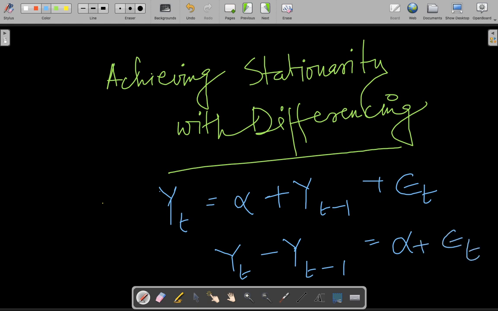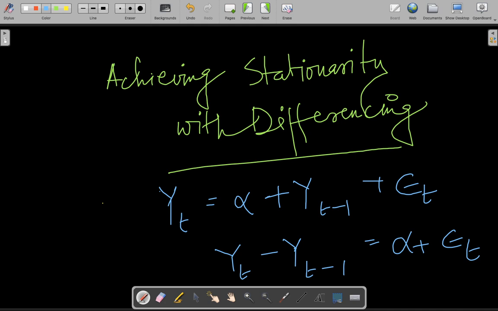Here you see the moment you do that, you are free of the yt minus 1 term. So it is no longer depending on the previous time period value. So it is now independent, and that is the beauty of differencing.